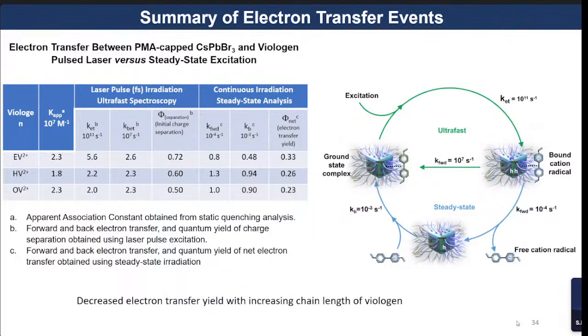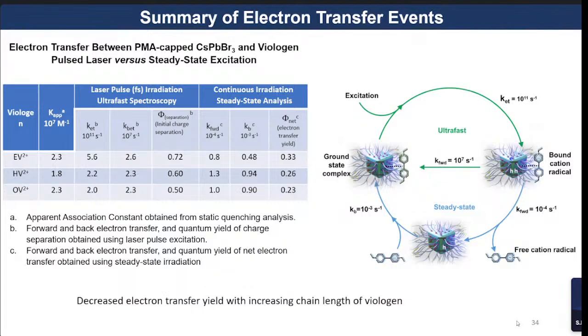So to sum up, what is happening is when you have the semiconductor and electron acceptor, you excite it. The initial electron transfer is very efficient, very fast. And the product is still bound to the surface. It needs to get out to get stabilized.